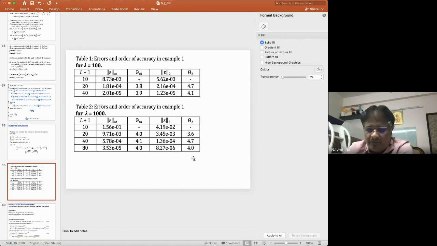We can formulate different types of schemes based on non-polynomial bases, and many more things can be done with the help of these base derivations. With this, I am stopping here and will continue in the next class. Thank you very much.